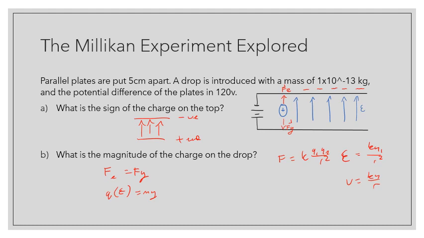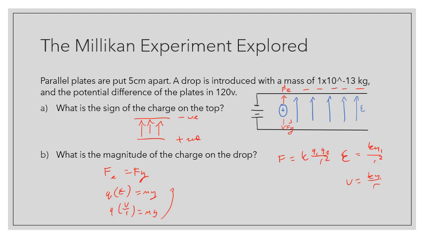So the epsilon is actually equal to voltage over r, because epsilon is equal to kq1 over r squared, while voltage is kq1 over r. So if voltage is put over r again, then it will be equal to epsilon. So we can simplify this to qV over r, so that's equal to mg.